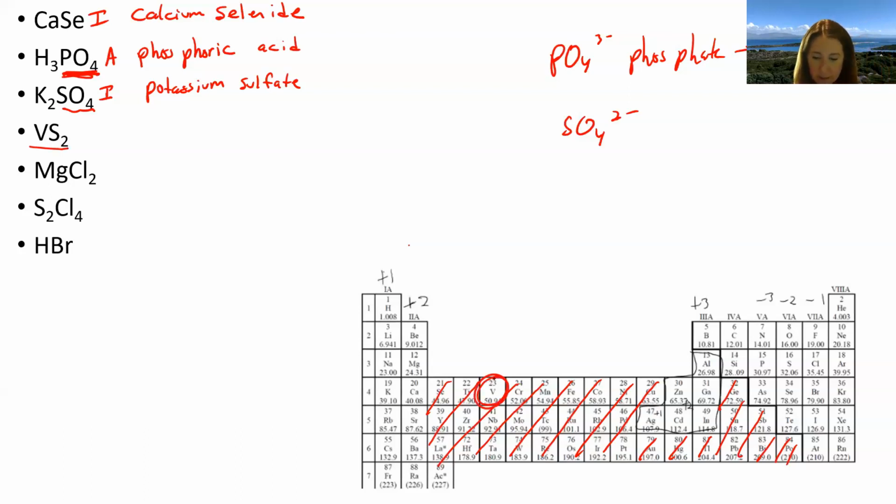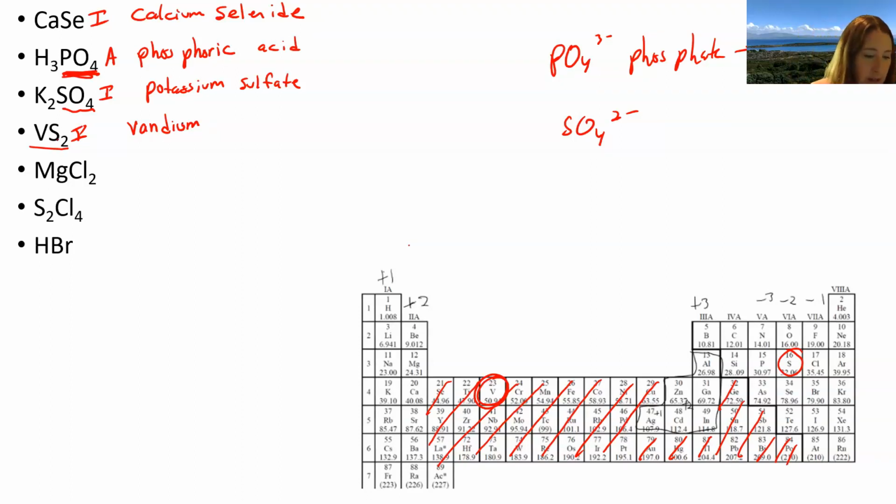V, S, ionic. What's a V? Oh, it's vanadium. I think I spelled that right. The periodic table you get to print out and the periodic table that's on your quiz has the element names on them. I have to memorize them because I'm not looking at this, but you can just look at the periodic table.